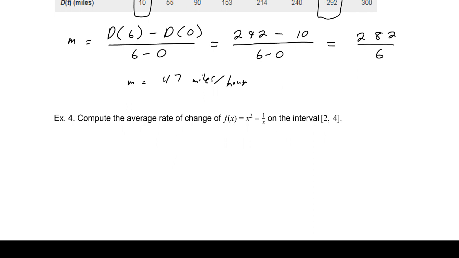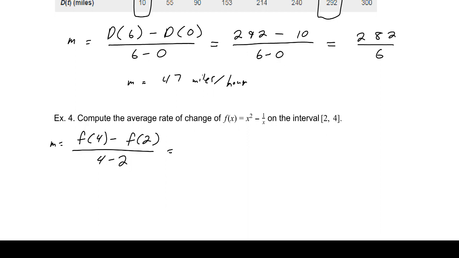Example 4, compute the average rate of change of f of x equals x squared minus 1 over x on the interval 2 to 4. So again, m equals f of 4 minus f of 2 divided by 4 minus 2.